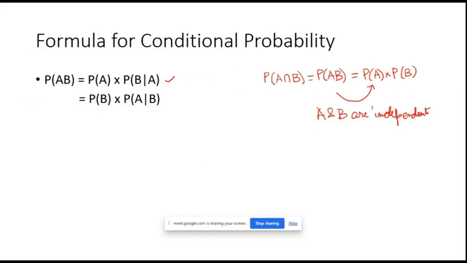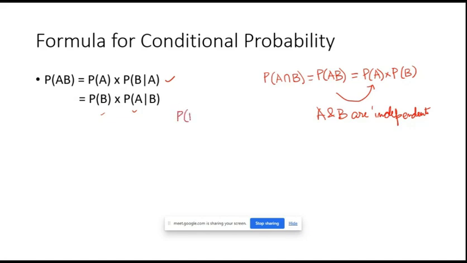Probability of AB is the probability of A multiplied by the probability of B when it is known that A has already occurred. Or we can take the reverse: probability of B multiplied by the probability of A when it is known that B has already occurred. So this is the two-way formula.